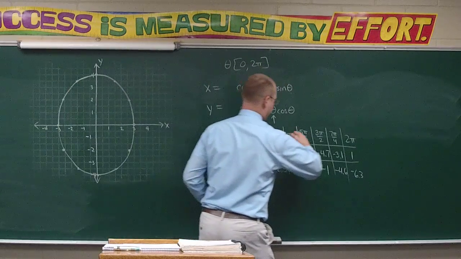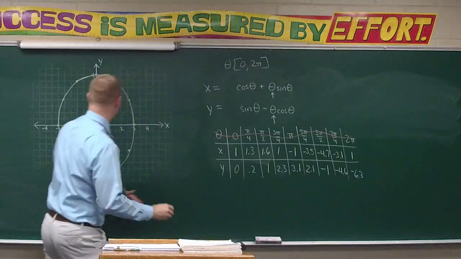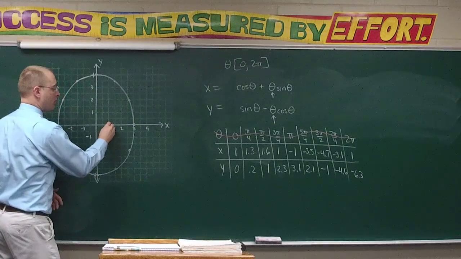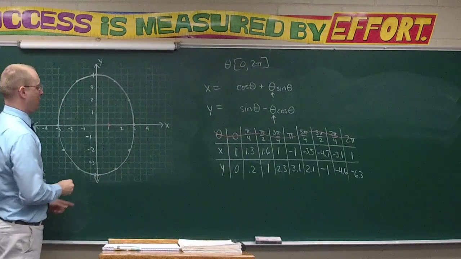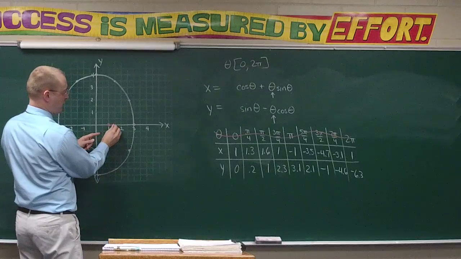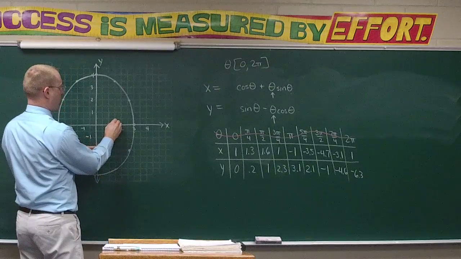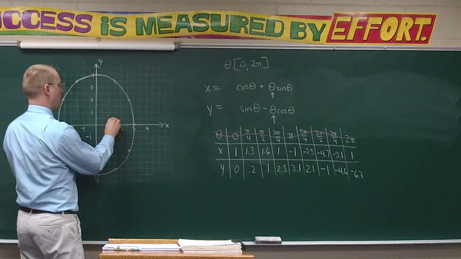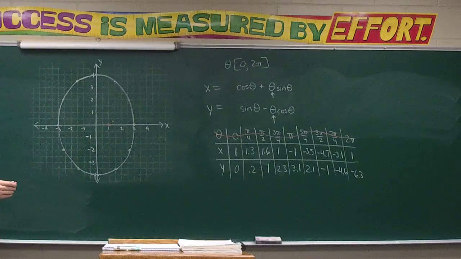Again, we're not graphing this part, so it's going to be 1, 0 for our first point. Then we've got, this is going to be fun, 1.3, 2. And this is where it's helpful if you at least have 2 boxes to every one.